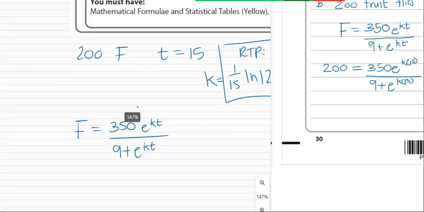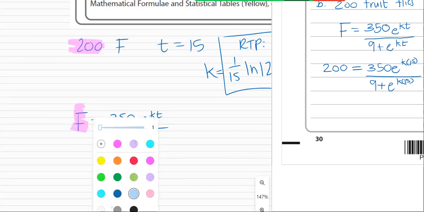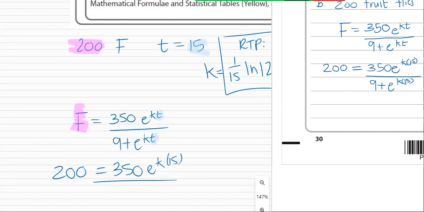So we had our F is 200, and we had our time as 15. So that's there and there. So you just make sure you sub those into the correct places, and it's a little bit of algebra to finish it off. So we have 200 equals 350 e^(k), I keep it in a bracket, 15, all over 9 plus e^(k 15).